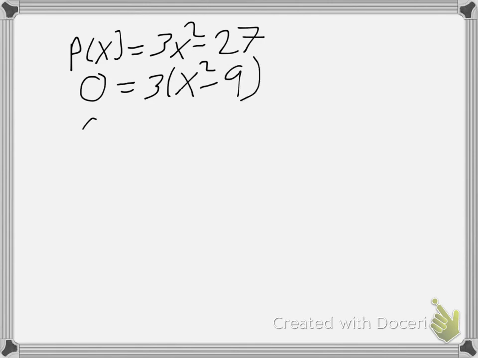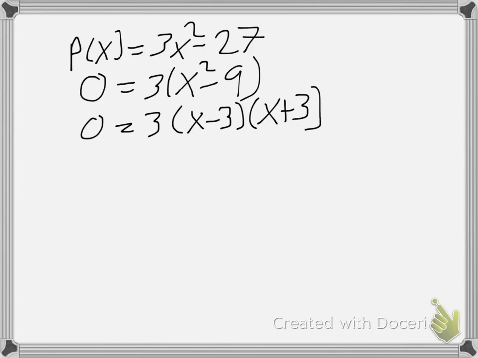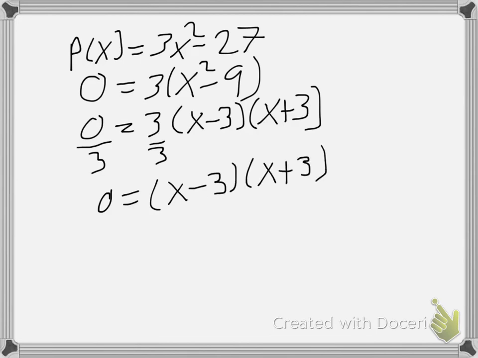We're going to have 0 equals 3 times x minus 3 times x plus 3. So we're going to divide that 3 out. I'm going to divide by 3, divide by 3. We get 0 equals x minus 3, x plus 3. So our 2 zeros in this case are x equals 3 and x equals negative 3.